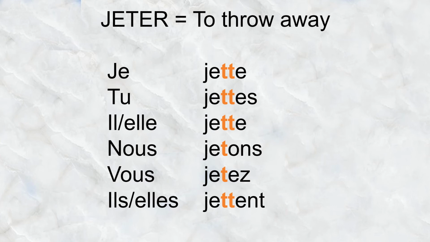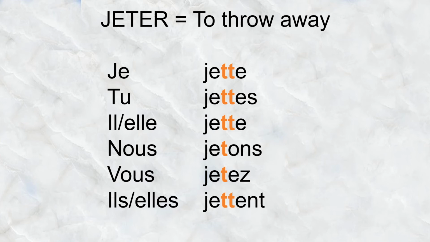Okay, and the E's, remember, without an accent, are silent. So, since there's no sound, we're going to add a sound, and the best way to do it is just to double the T. So it gives you je jette, tu jettes, il or elle jette.